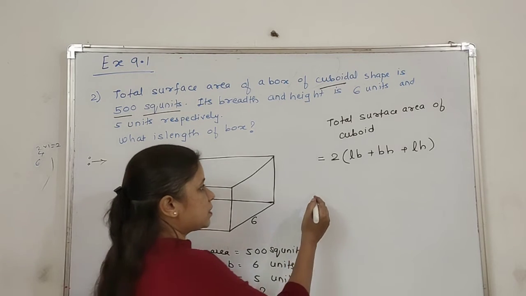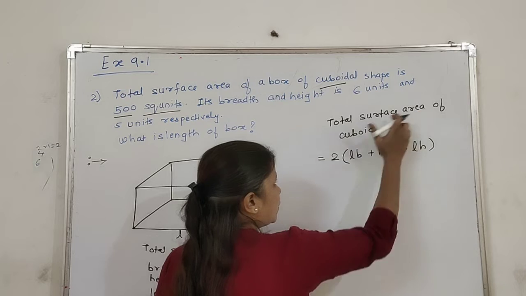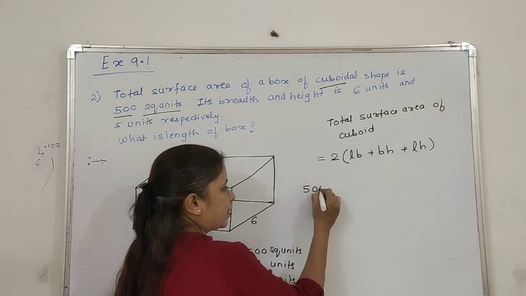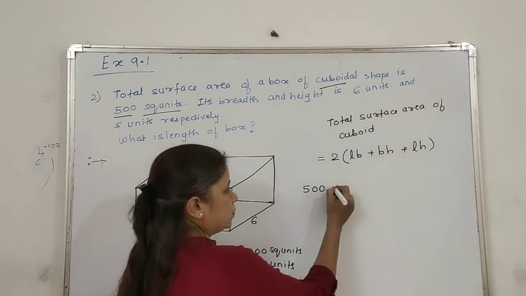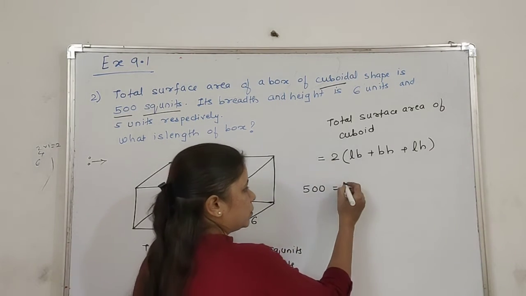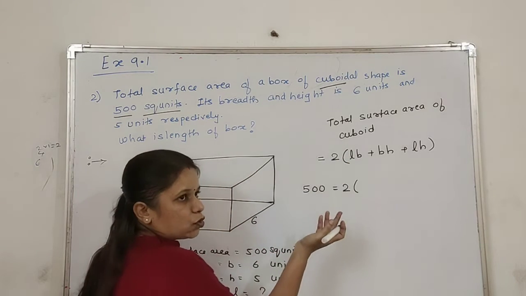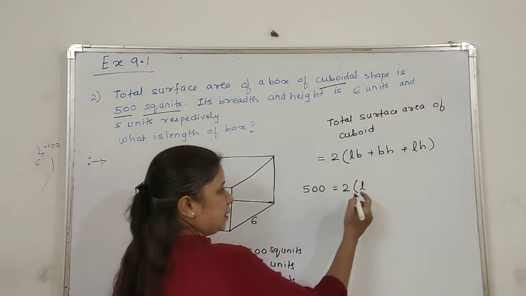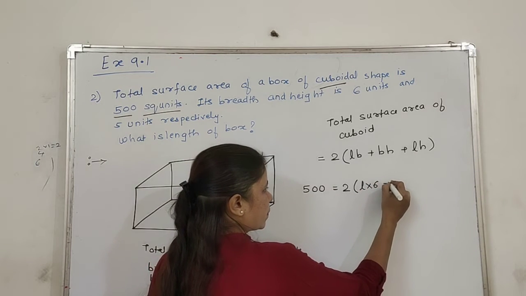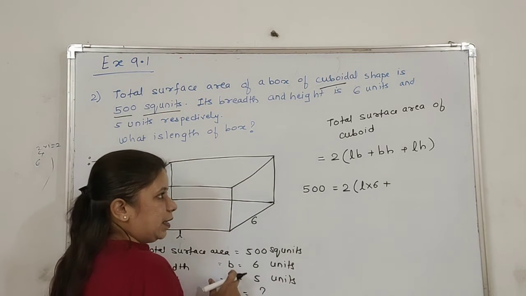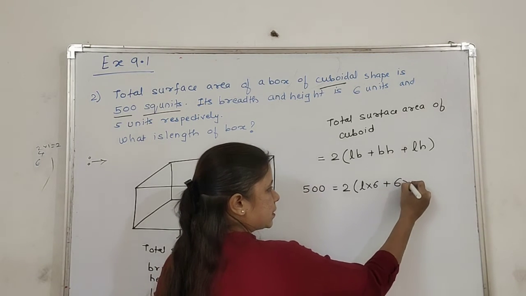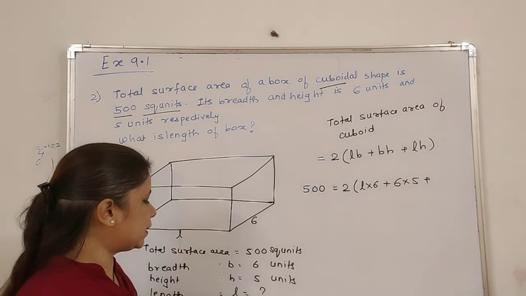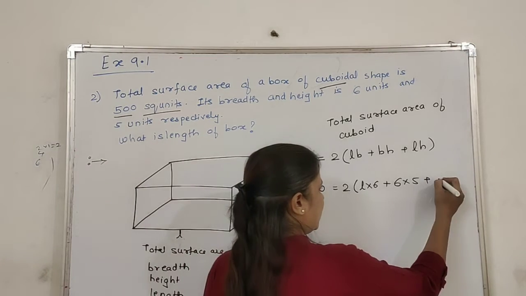Now we will just fill in the values. Total surface area means the left side is given to you as 500 equal to 2, L, it is not given to you, so we will put it as L itself, into B. B is 6 plus B into H. So 6 into 5 plus L into H. So L into 5.